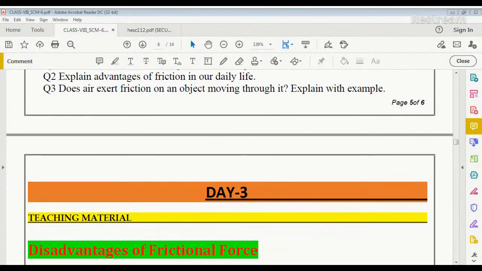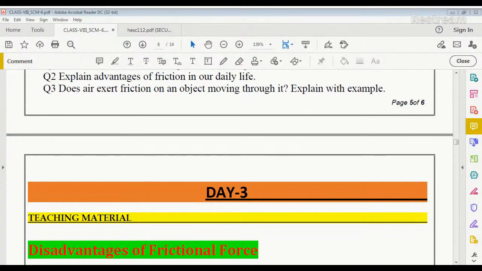Let me tell you. Friction causes wastage of energy, and this is because any object that moves has to overcome the force of friction, right? Frictional force results in wear and tear of objects, such as the moving parts of a machine.